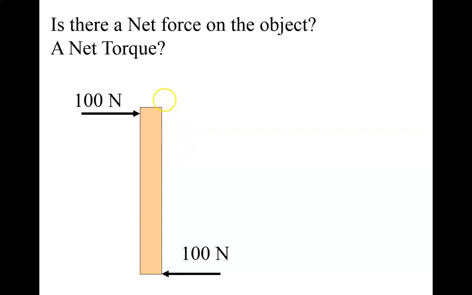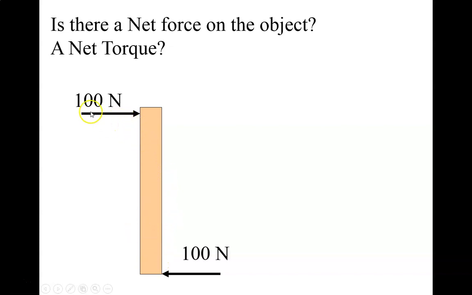So the first step: is there a net force on the object? Well, I've got 100 newtons to the right, and I've got 100 newtons to the left. Those forces are going to cancel, so it's not going to accelerate. Is it going to rotate? Well, let's say that the whole thing is 2 meters, so this is 1 meter from the axis of rotation up and 1 meter from the axis of rotation down, just to come up with some numbers.